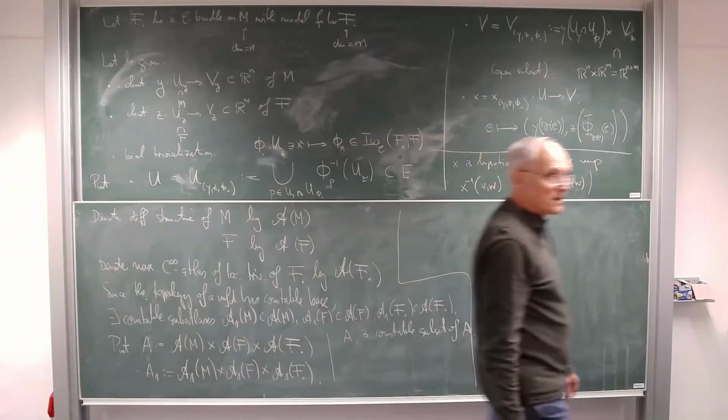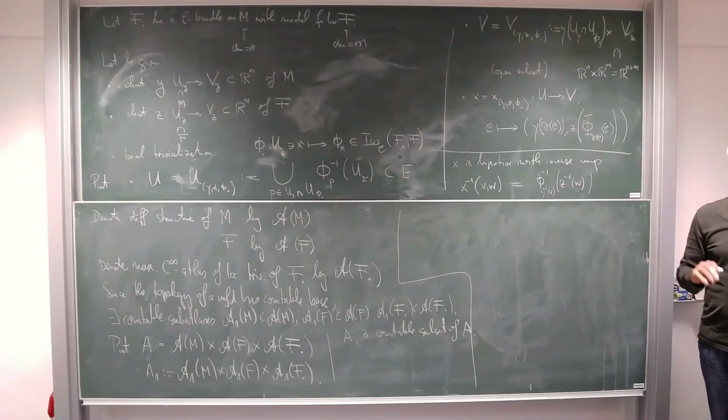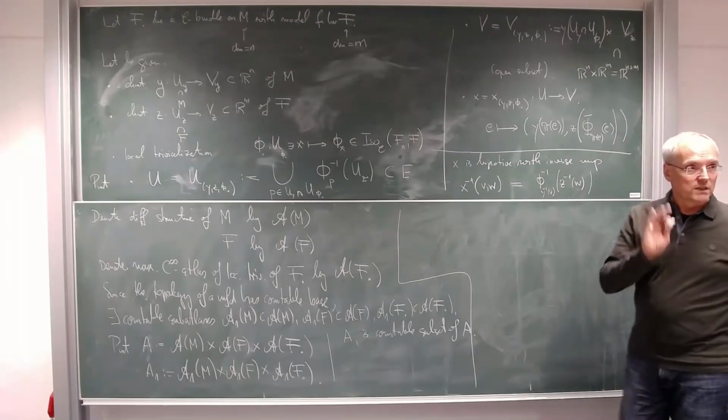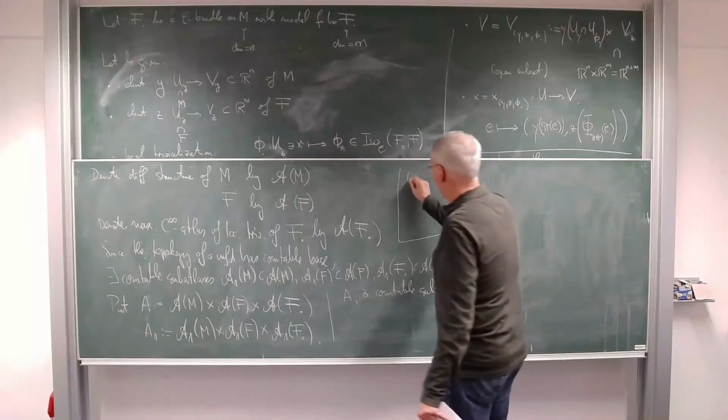If we can check this for our candidates of charts, then we know we can turn them into charts by giving a unique topology to the total space and a unique differential structure. All right, so let's start with number 1.